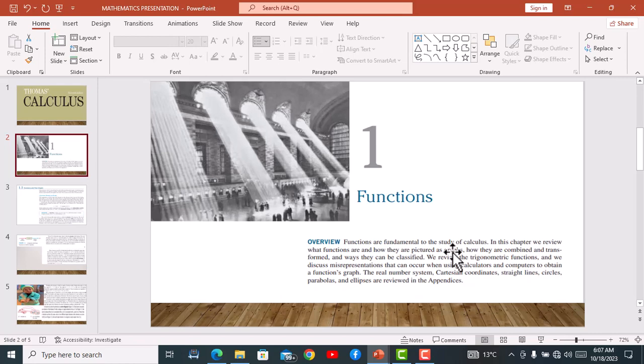A function is understood in a mathematical context as a relationship between two things. In mathematics, we are dealing with x and y as the letters attached to the input values and the output values. So you have a function which is a relationship, and this relationship can also be pictured in a graphical representation. Very important.